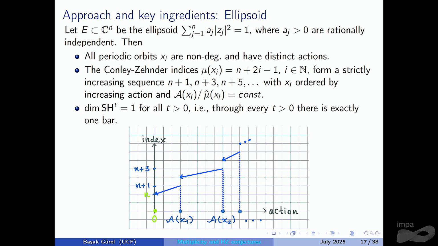For all t, the dimension of SH^t is precisely 1. So through every real number t, there is one bar passing through, in the language of persistence modules. So here is this picture: we have this ascending staircase pattern.